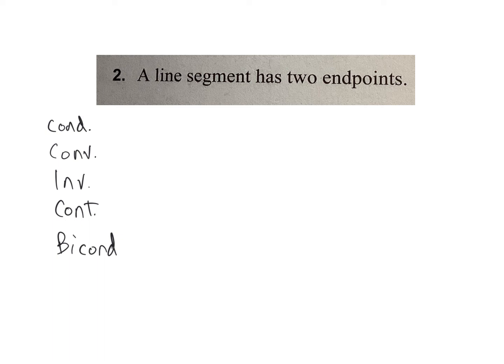All right, so your conditional: if there is a segment, line segment, however you wrote it, then it has 2 endpoints.